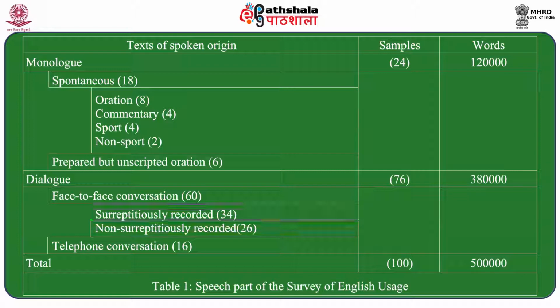In the dialogue part, we find there are 60 samples from face-to-face conversations and dialogues. Out of those 60, 34 samples are surreptitiously recorded spontaneously on the spot, and 26 samples are non-surreptitiously recorded.